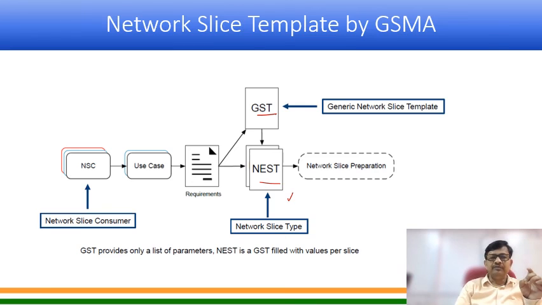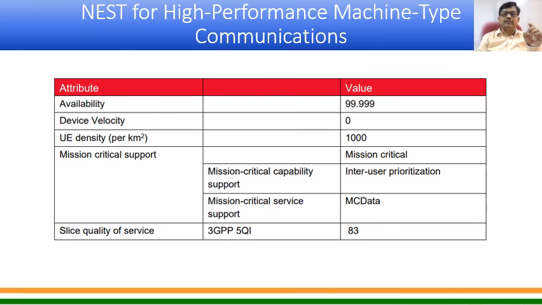For example, in the same document, they have given a NEST parameter set for high performance machine type communication. We saw that one of the network slice types defined by 3GPP is high performance machine type communication. They have defined what the availability should be, 99.99959.